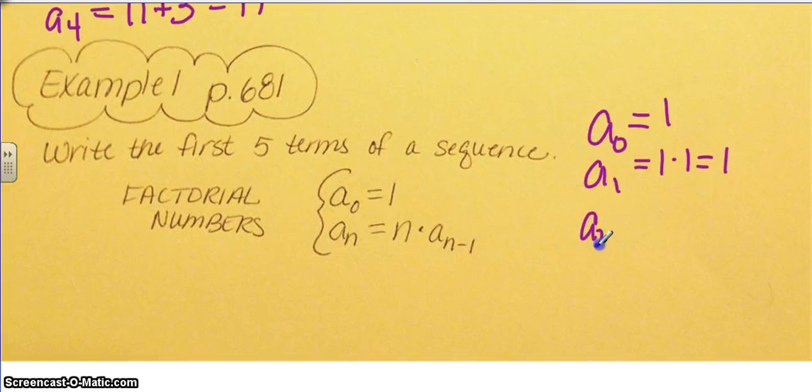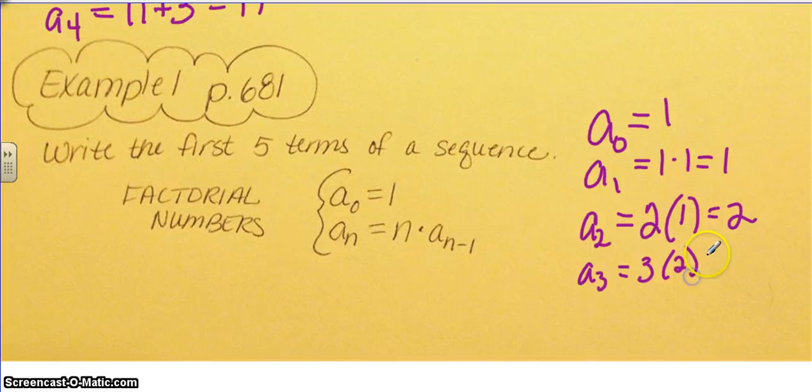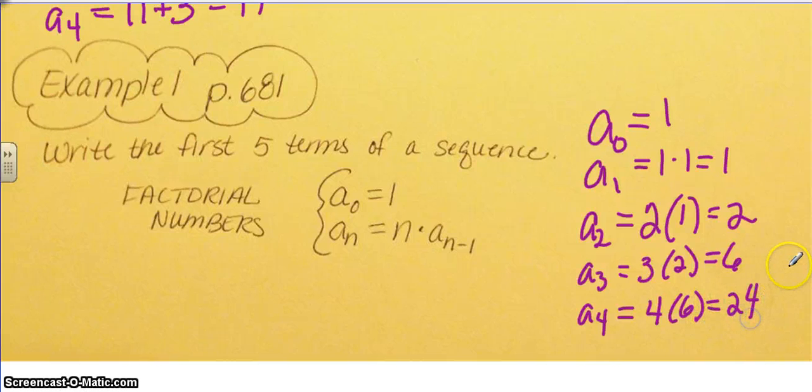A sub 2, I'm going to take n, which is 2 now, times the term that came just before. So that would be 2. A sub 3 is my fourth term, and I would take 3 times 2, which is 6. And a sub 4, which is actually my fifth term, is equal to 4 times 6, which is 24.